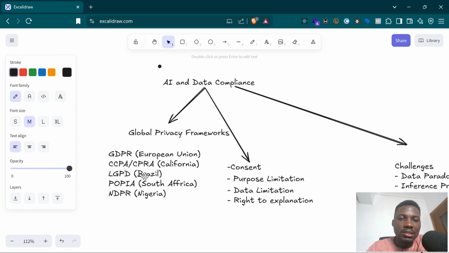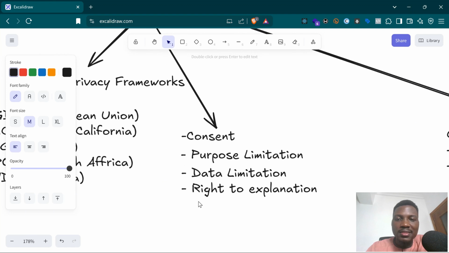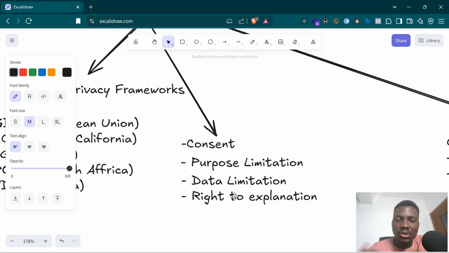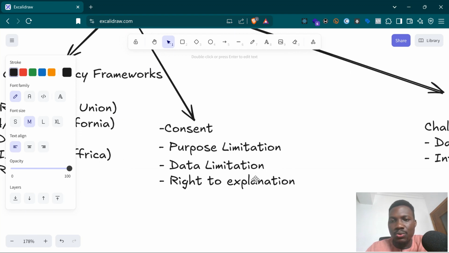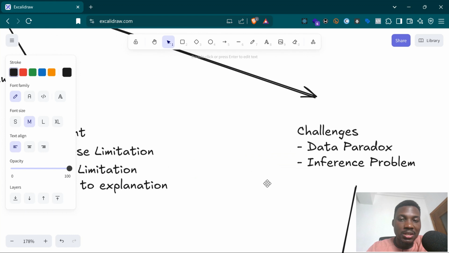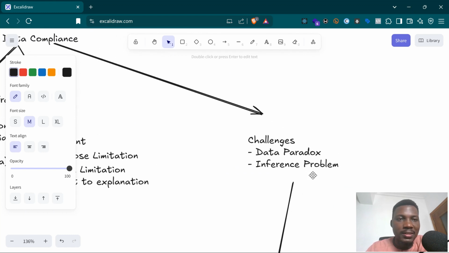We need to understand which region we're trying to work with and what really are those compliance descriptions or frameworks from those regions. We need to get the commonality among all of these compliance, which of course I listed here. Commonalities, you have consent, purpose limitation. You then have rights to explanation. A customer can reach out to you and ask you to explain how you're using their data. You should be able to explain that.